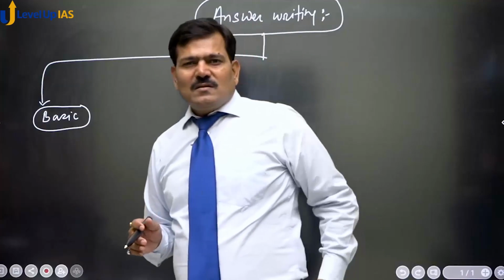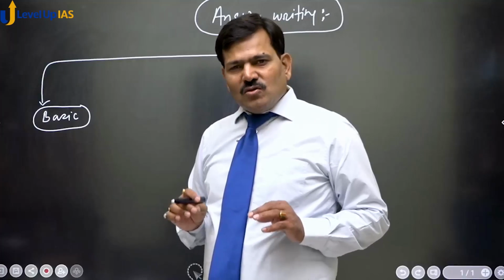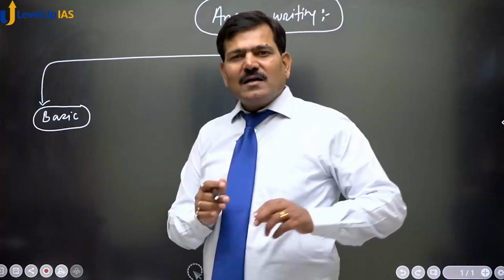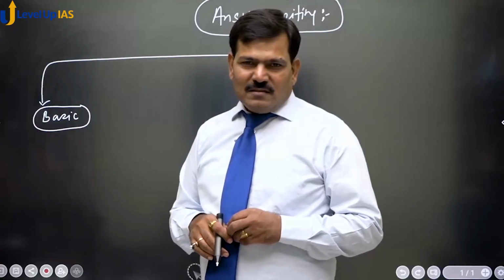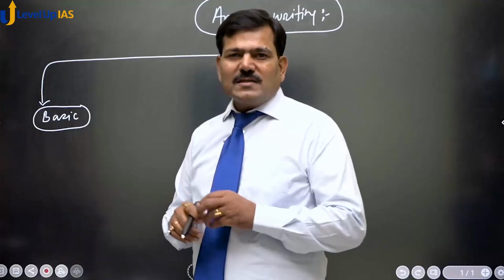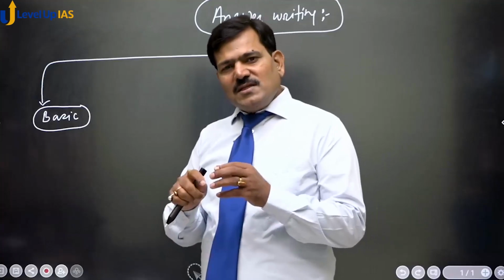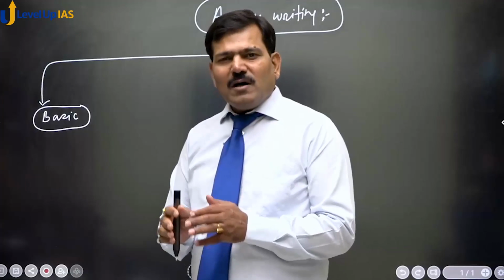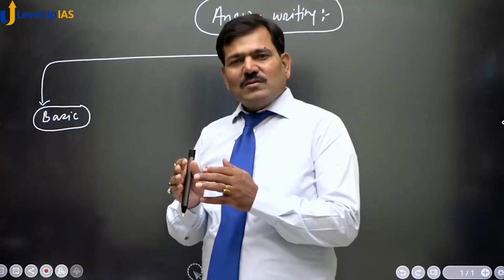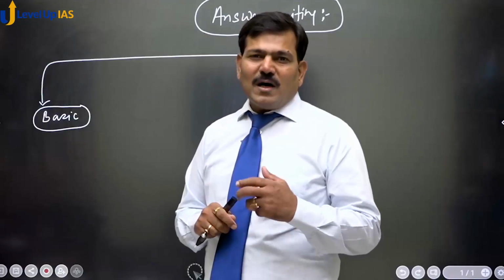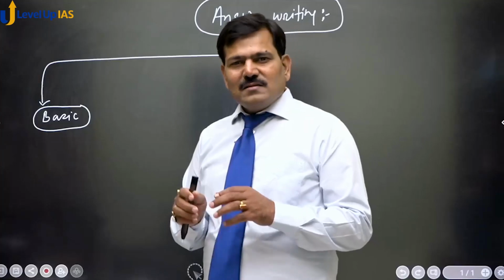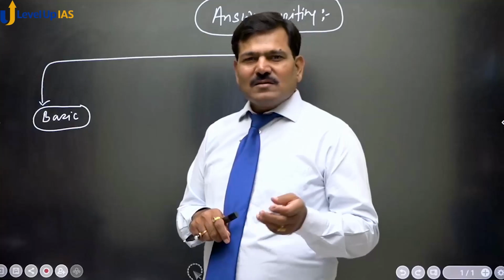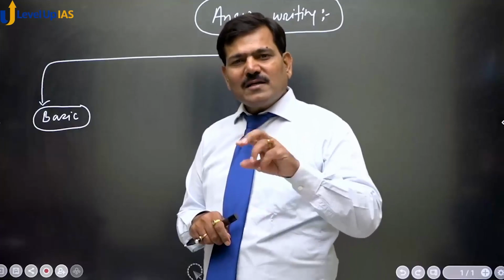The basic questions are those where you need to know 5 or 6 points to construct an answer, like the Shadanga, the 6 limbs of Indian painting, or the basic salient features of Ajanta painting, or the basic teachings of Gautam Buddha or Mahavira Jain, or the salient features of Dhamma of Asoka, the basic essence of Sulh-i-kul of Akbar, the reasons behind 1857, what are the reasons which caused it, the French Revolution or the American Revolution.